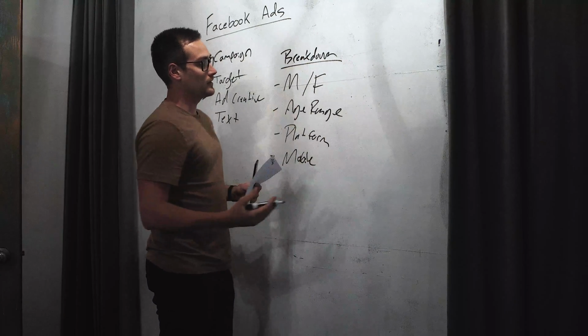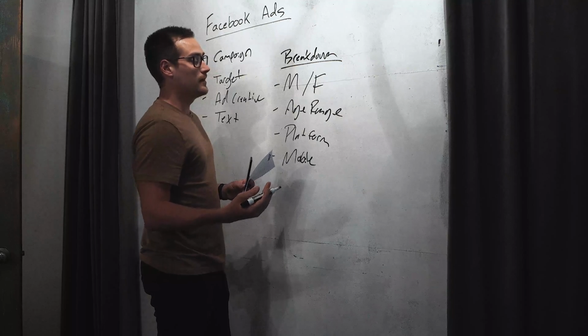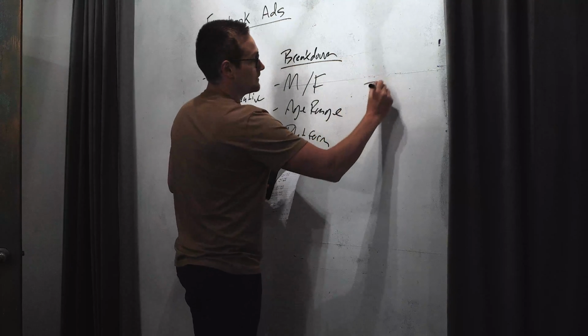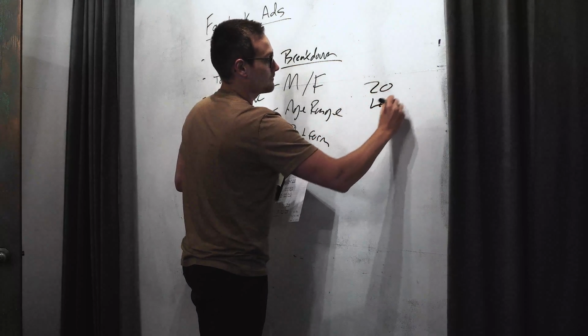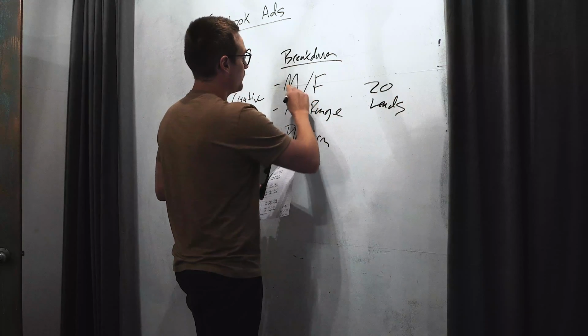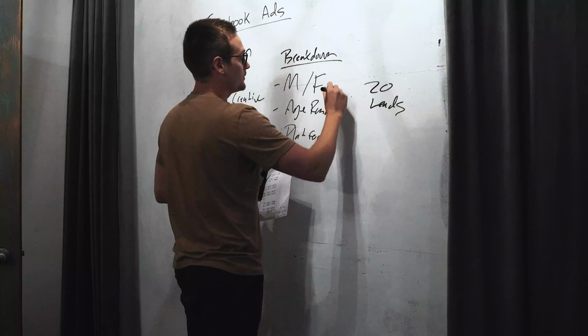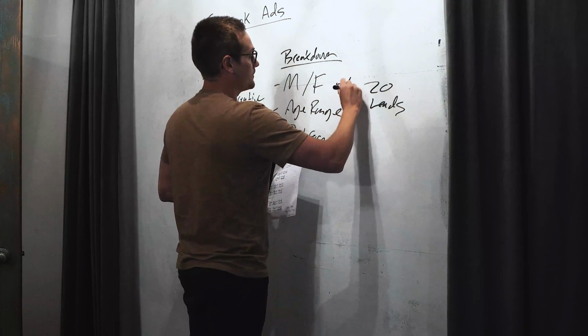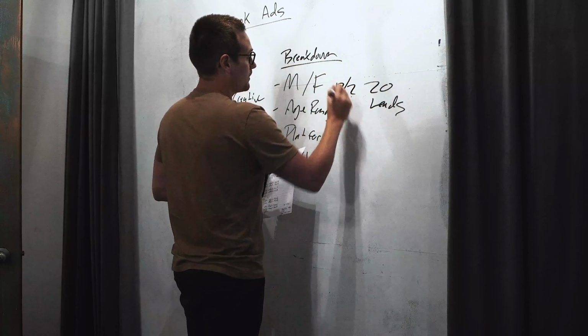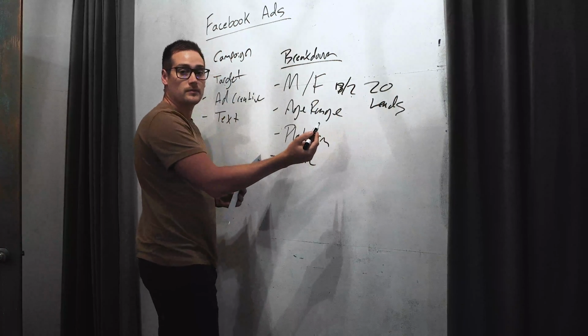So if I'm running a lead generation campaign and I've got 20 leads that came in, and we look at the breakdown and it shows that my male to female ratio is 18:2, that's a huge insight right there.